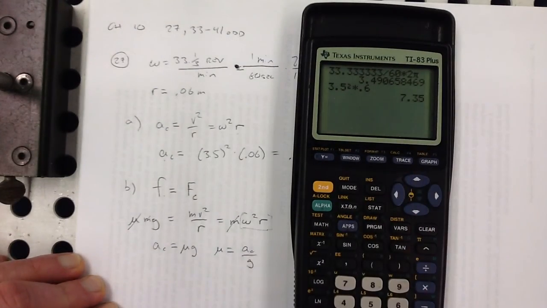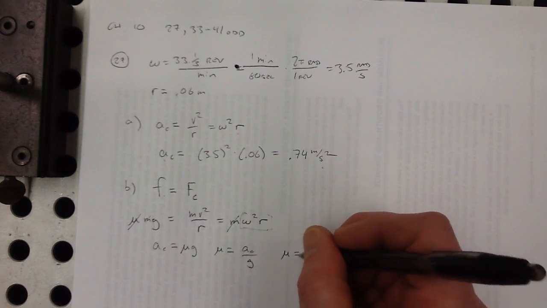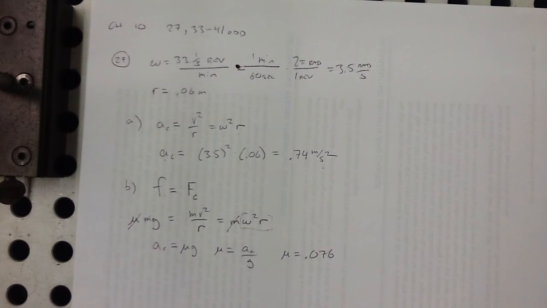And our centripetal acceleration is 0.735, 0.74 divided by 9.8. So the minimum coefficient of static friction would have to be 0.076 about. Right?